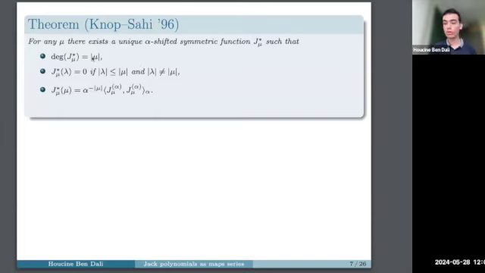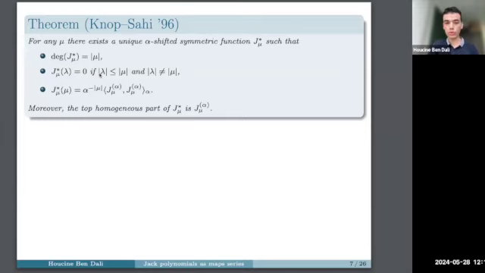The dimension of this space is the number of Young diagrams with size less than or equal to the size of mu, and this is exactly the number of equations. The first part of the theorem tells us that this system has a unique solution. But the more surprising part of the theorem is that when we look at the top homogeneous part of this shifted symmetric function, we obtain exactly Jack polynomials.